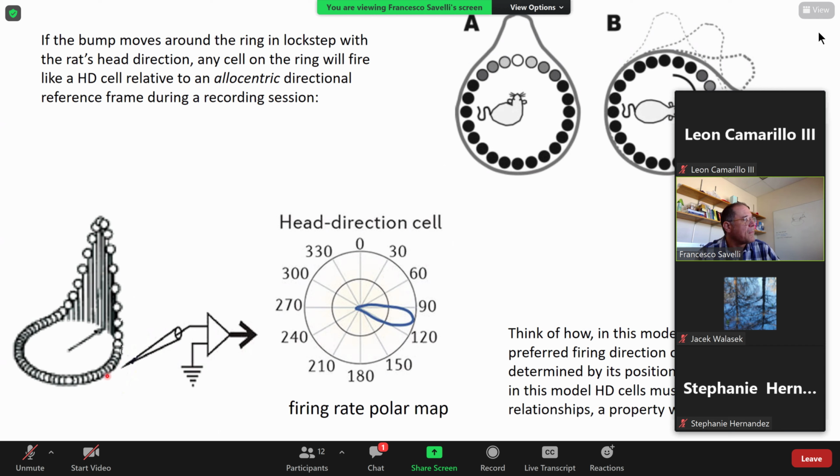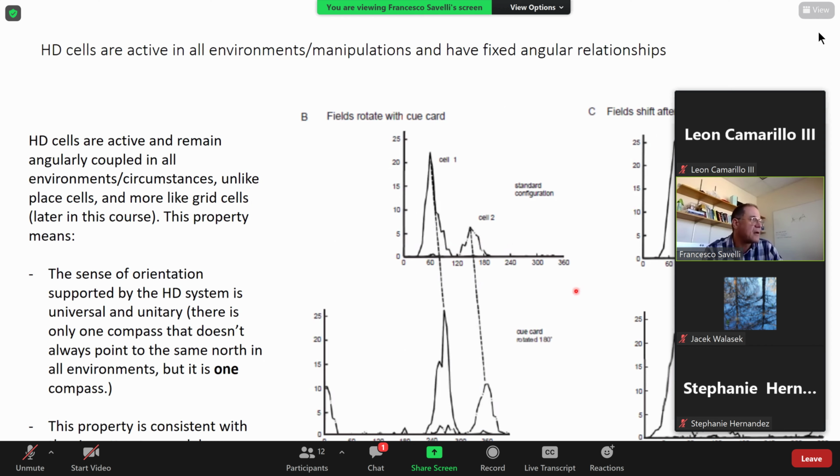But if you record from another cell that is here, you're going to find the curve that is offset by an angle, which is the angle that separates those two cells on the ring, right? And that's going to be the same everywhere. Wherever you put this system to work, in whatever room, if the north changes, then all the other cells change their angle accordingly. So that's basically why this model can explain this property that we saw last week.